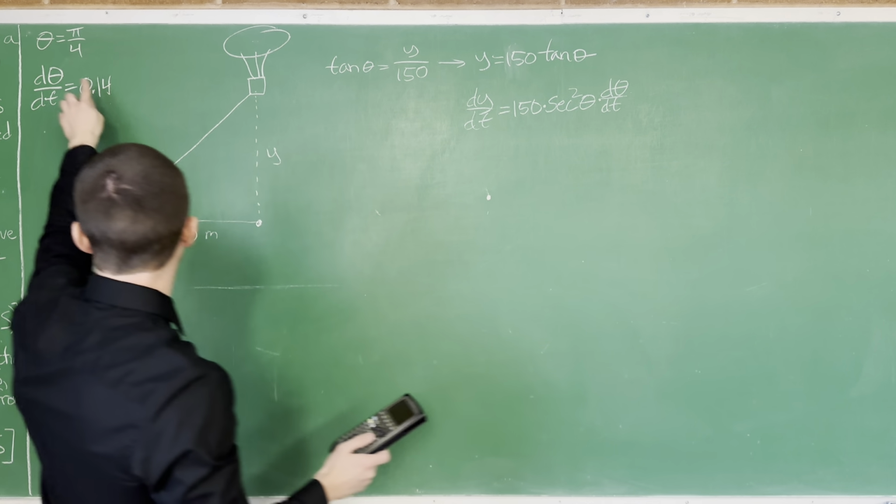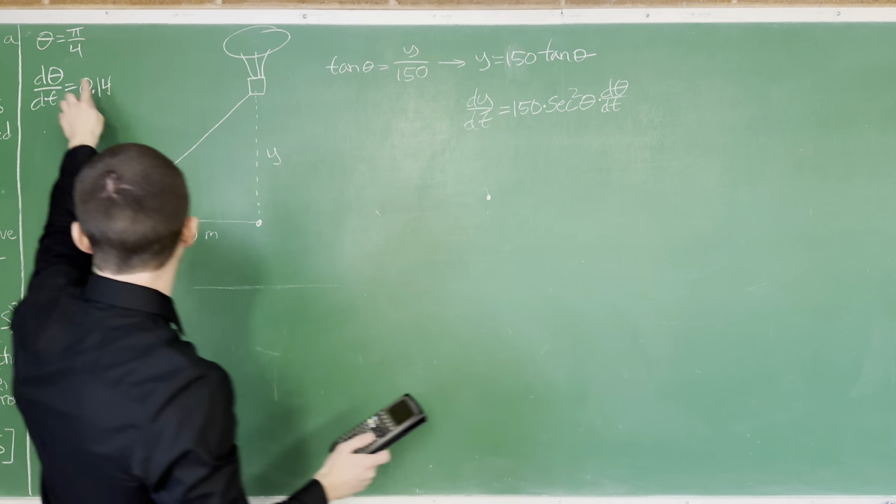I square the whole thing, and then multiply it by 0.14. When it all comes out, the number it's spitting out for me is equal to 42.